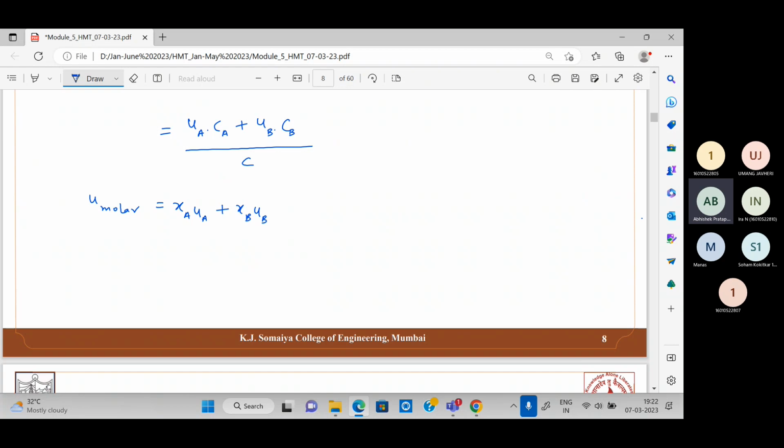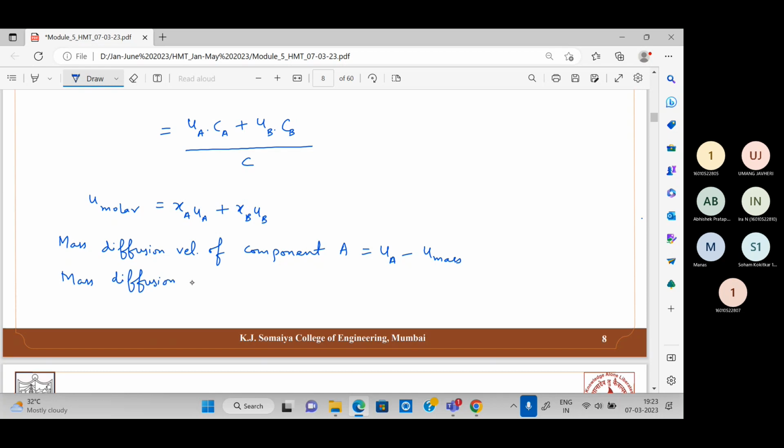So we can say the mass diffusion velocity of component A is equal to UA minus U mass, and the mass diffusion velocity of component B is equal to UB minus U mass.